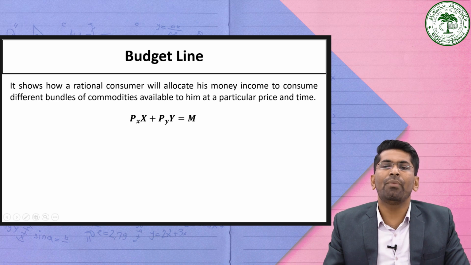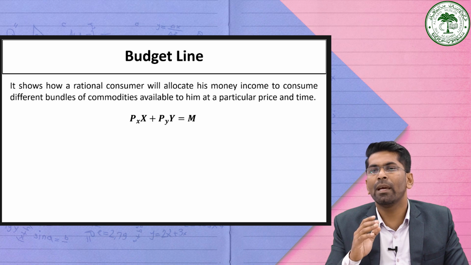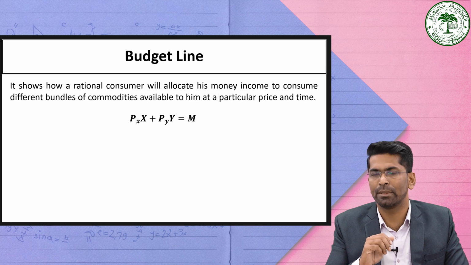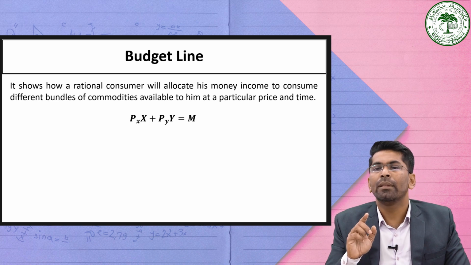So first we will find two extreme points of the budget line, which are generally known as the X-intercept and Y-intercept terms.